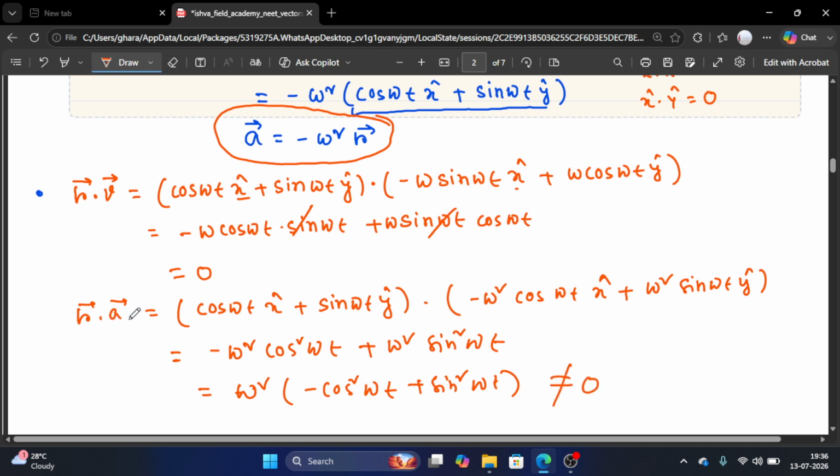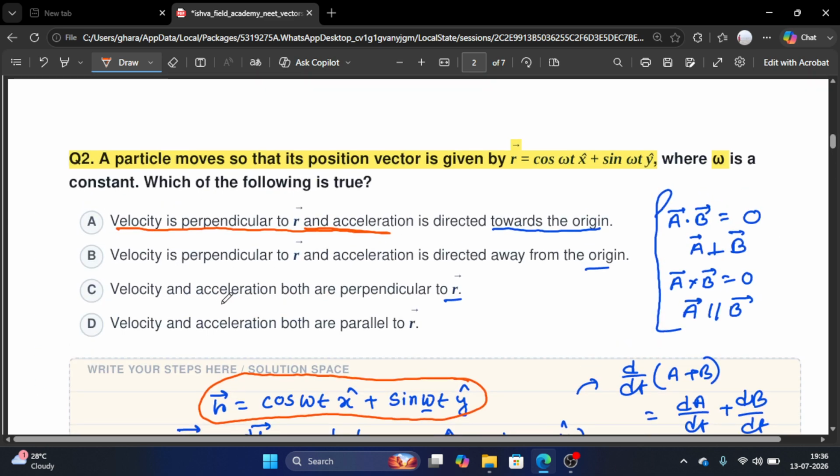That means r and a are not perpendicular to each other. So this is the incorrect option, because if the dot product is not equal to 0, they are not perpendicular.